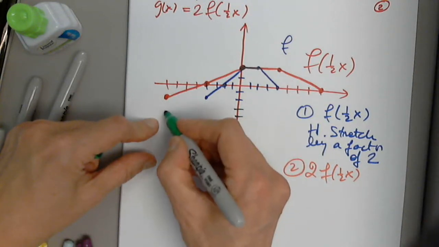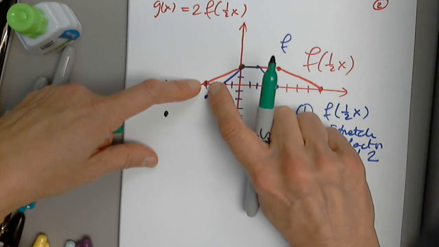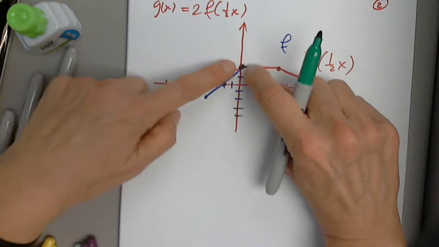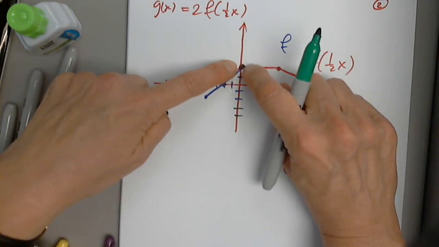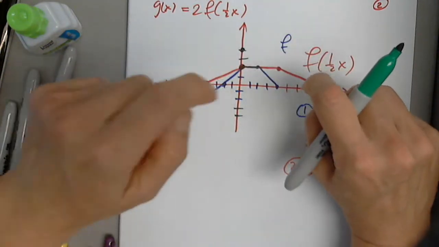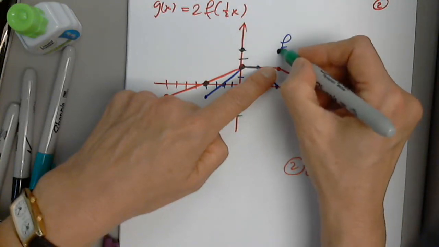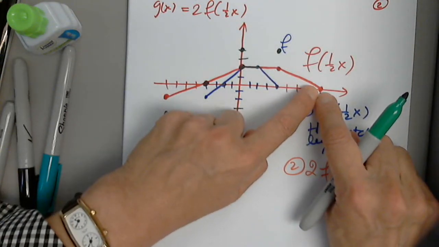At -4. This y value is at 0. Where will it go? This y value is at 2. Where will it go? This y value is at 2. And this y value is at 0.